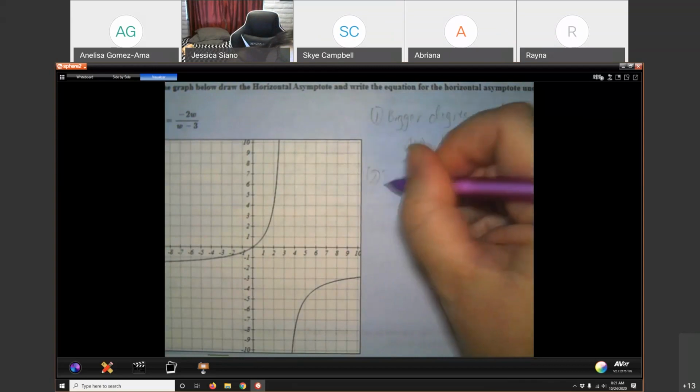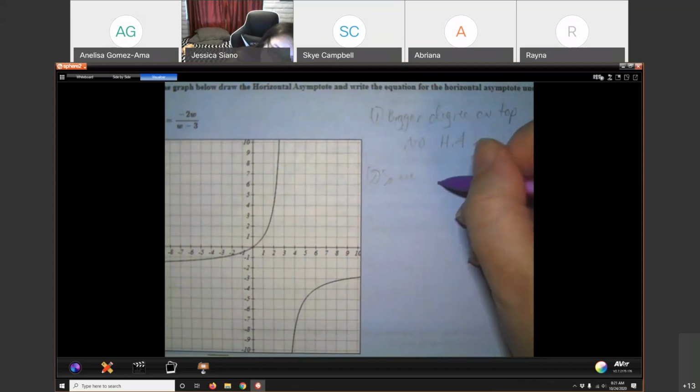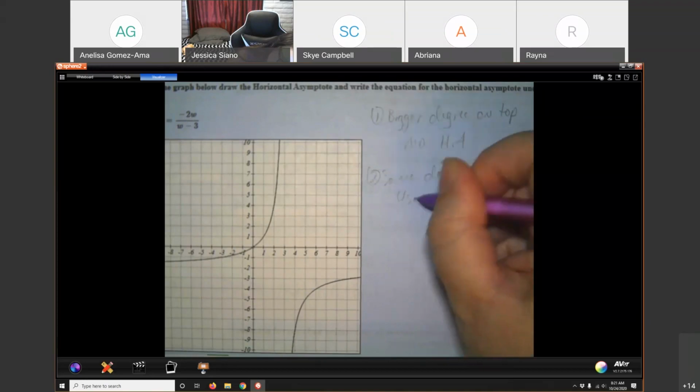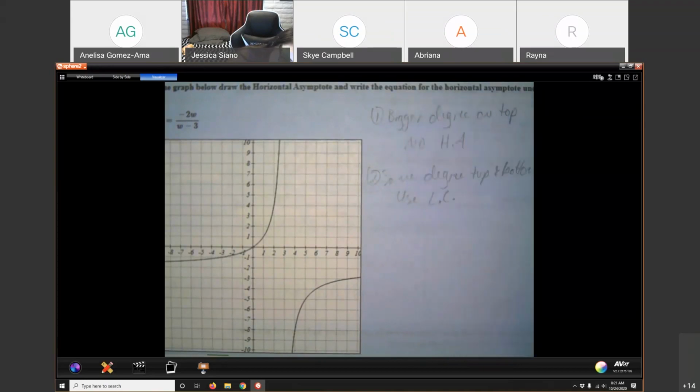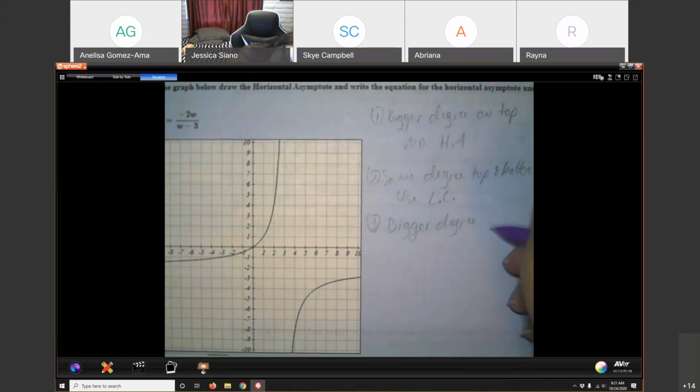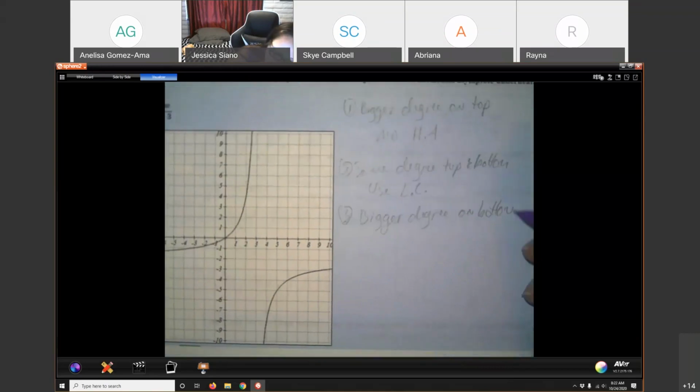Your second scenario would be if you had the same degree top and bottom. And so in that case, you would use the leading coefficients. And your third case would be if you had a bigger degree on the bottom. And in that case, you would use y equals 0.